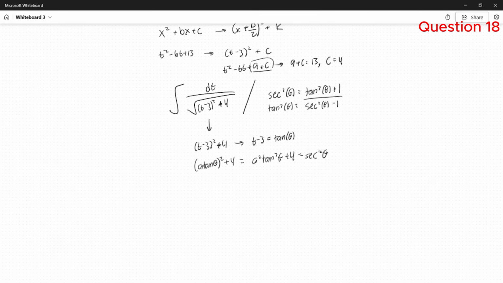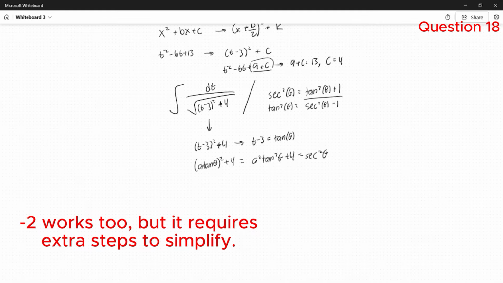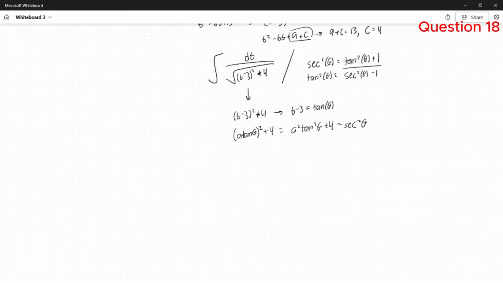If a squared has to be equal to 4, then what does a have to be equal to? It would have to be equal to 2 in this example. Our final function would be turning t minus 3 into 2 tan of theta. We are converting from a basis of t into a base of theta instead.